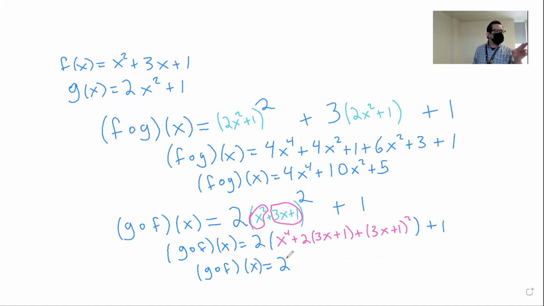So Leo, you mentioned something about a sign. So this is going to be x to the 4 plus 6x plus 1 plus 9x squared plus 6x plus 1 and plus 1 here. And then we multiply everything.